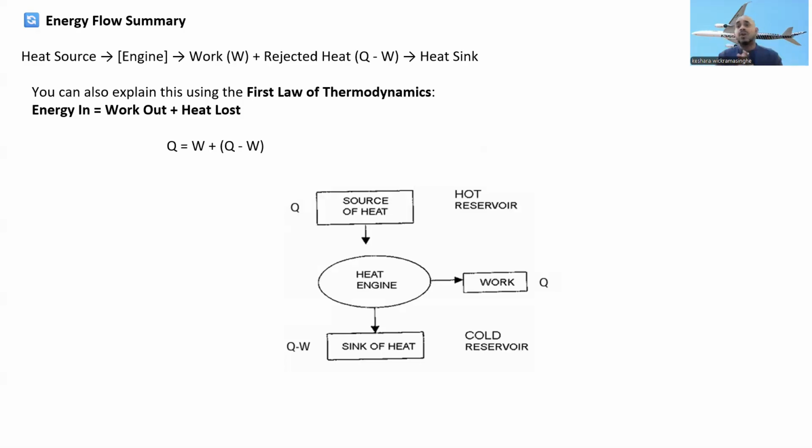Here Q is the heat source, the work done is W, and Q minus W is the heat lost to the heat sink. You can go through this normal diagram.